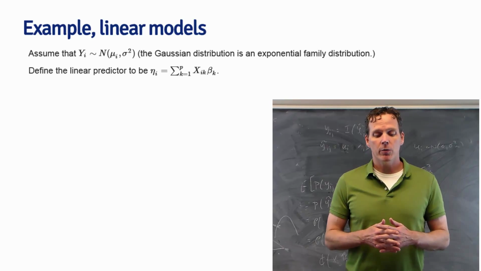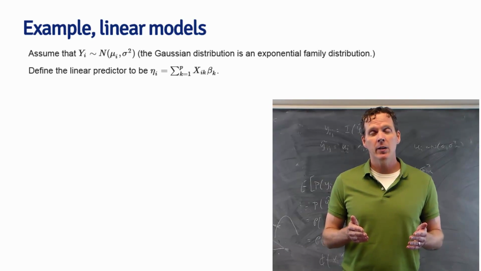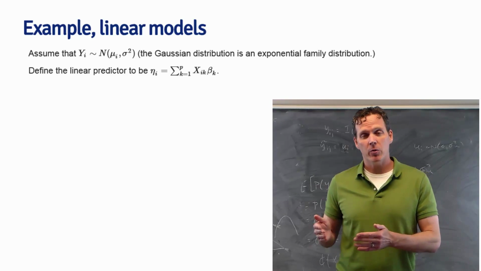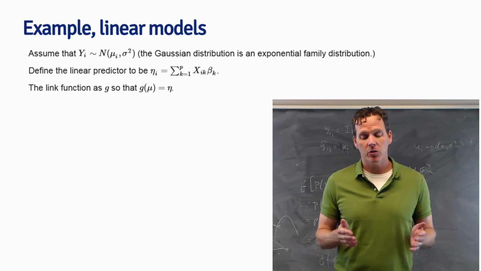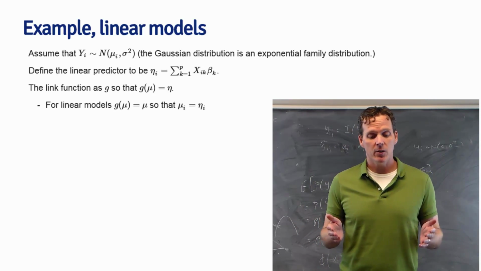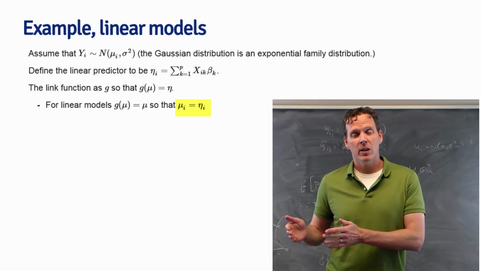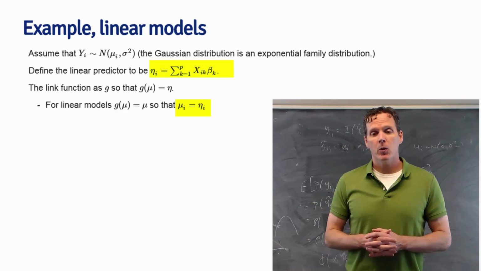And then we're going to define the linear predictor, this eta_i, to be the collection of covariates, x's, times their coefficients, beta. And in this case, our link function is just going to be the identity link function. It just says that the mu from the normal distribution is exactly this collection, this sum of covariates and coefficients.